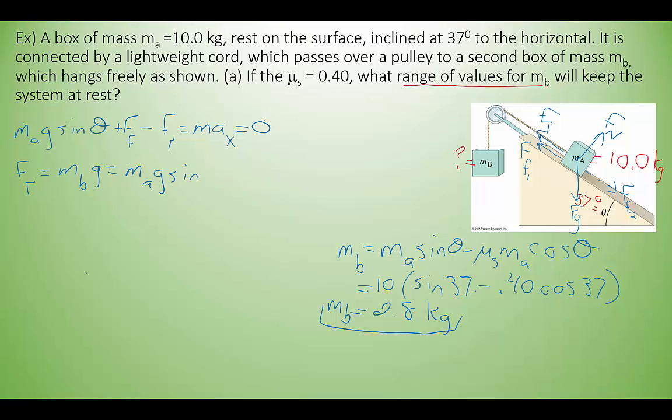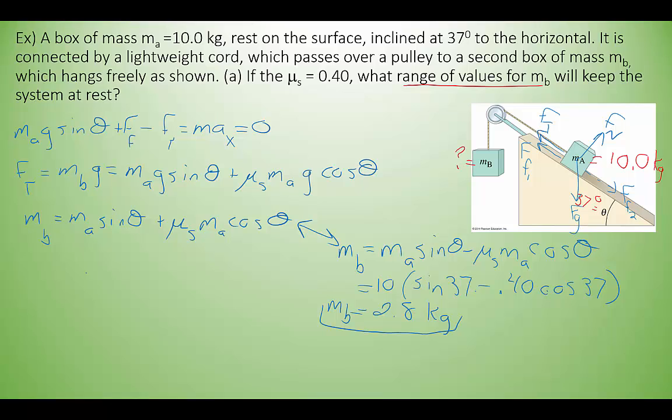Ft will be MBG, or the weight of the second mass, and that will be equal to MAG sine theta plus mu sub s MAG cosine theta. Get rid of the g's as we did before and find out that MB will be MA sine theta plus mu sub s MA cosine theta. So notice that this equation is almost identical to the one we started with over here. It's just that this one has a plus in it and the other one had a minus in it.